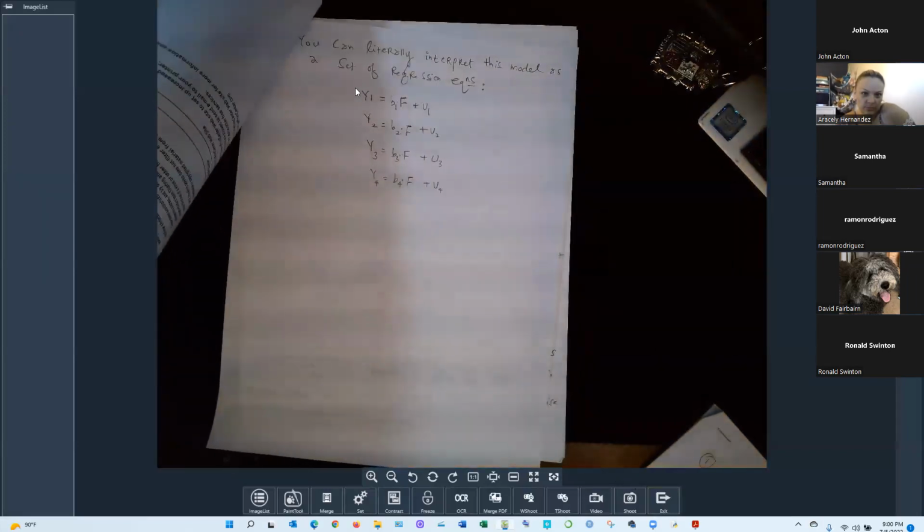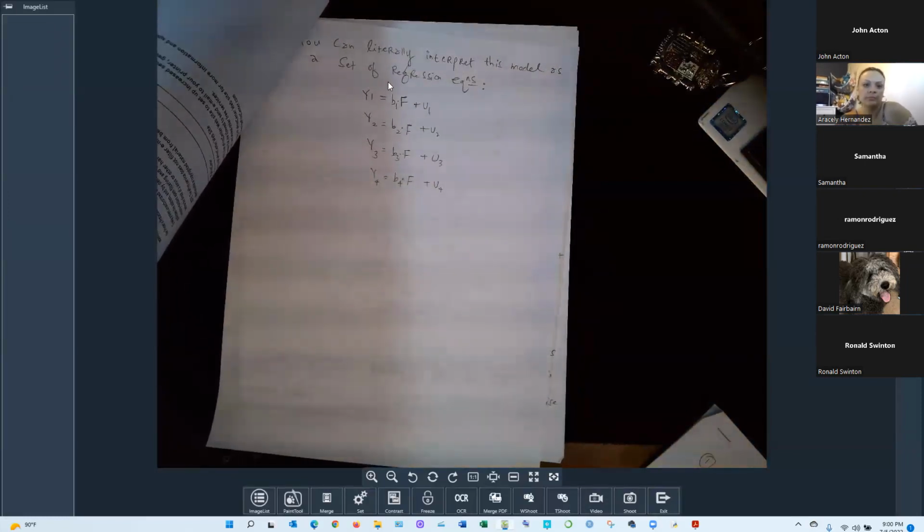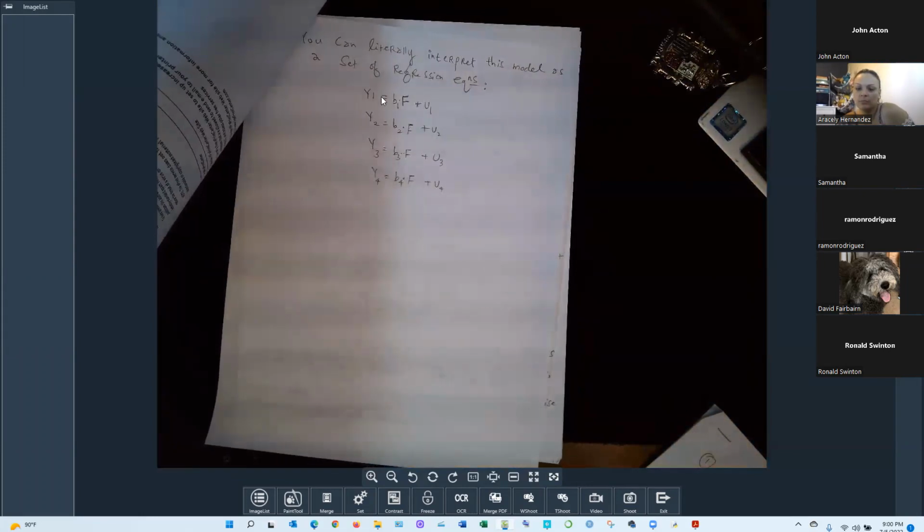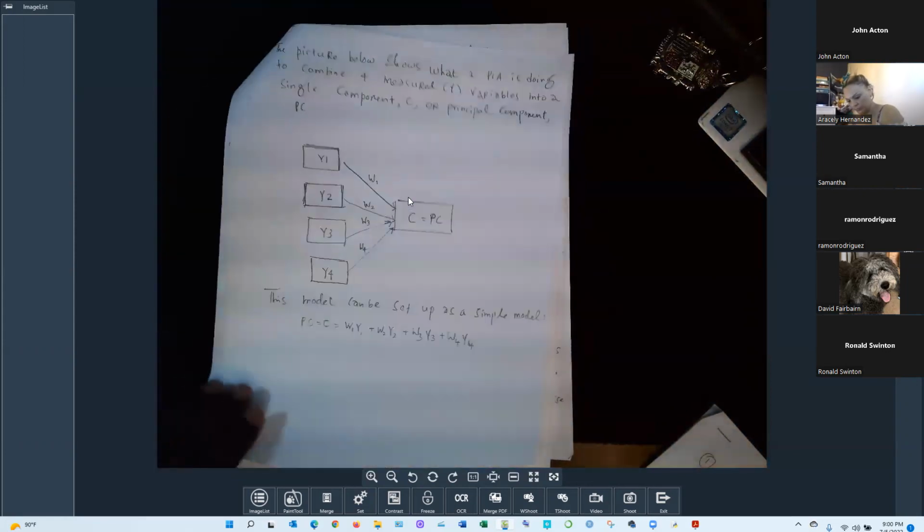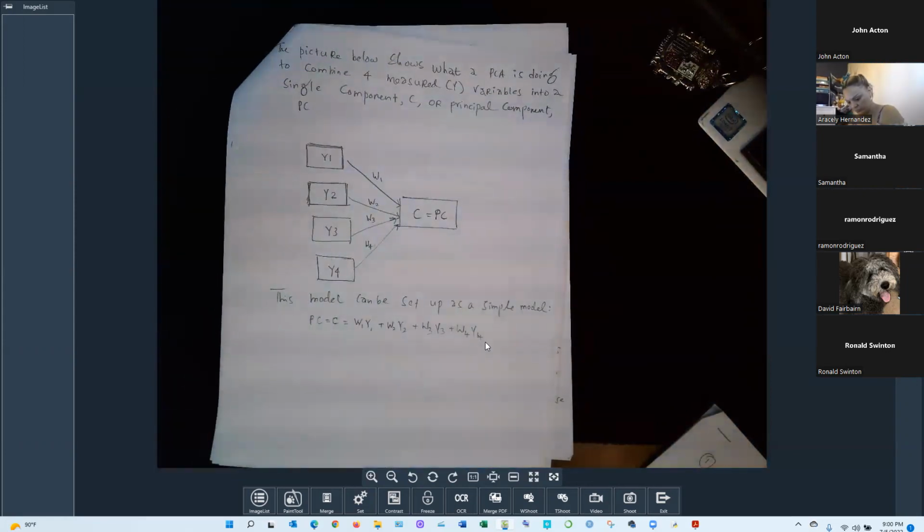So the factor analysis will be utilized in order to write the original variables with the aid of the hidden variables. And principal component analysis we're going to utilize in order to reduce the dimension of that particular setting.